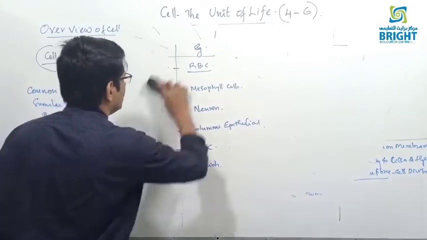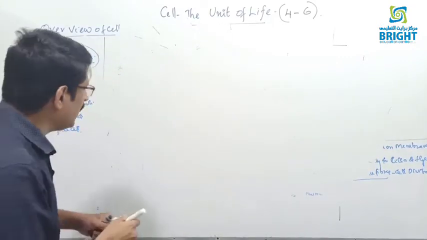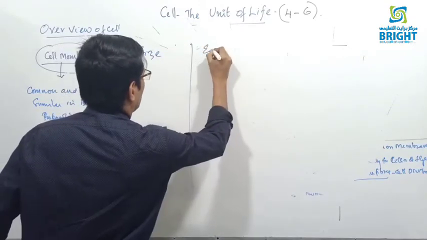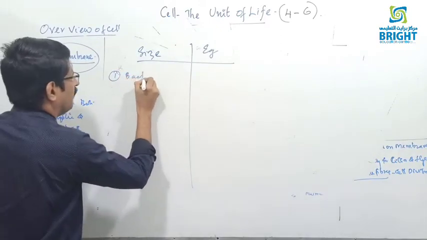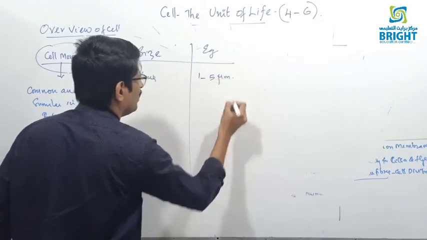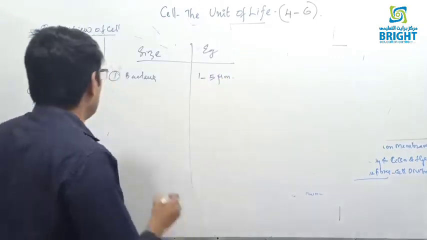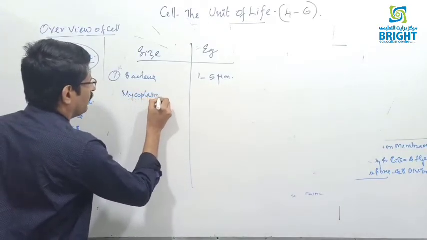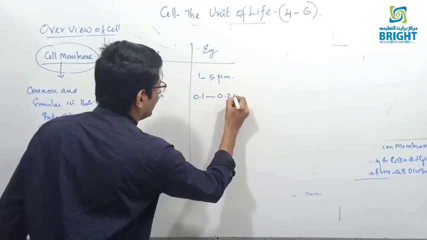The 6 shapes and 6 sizes are also mentioned in the NCERT, the sizes of the cell and examples. The first one is bacteria. Bacteria range from 1 to 5 micrometer in size, but mycoplasma is 0.1 to 0.3 micrometer.